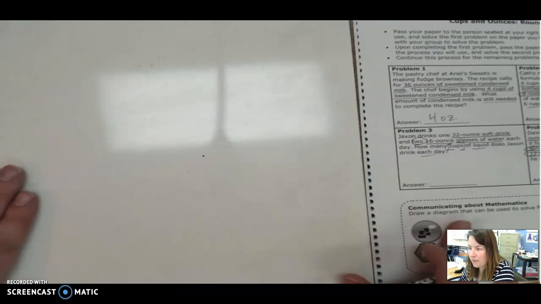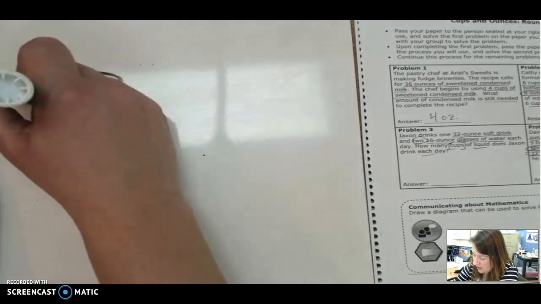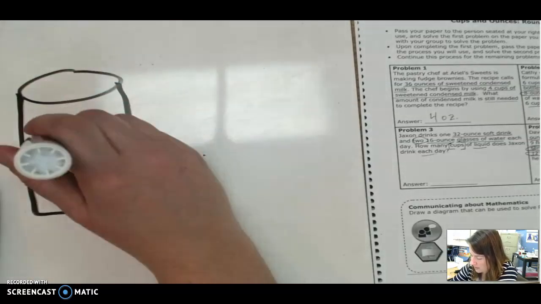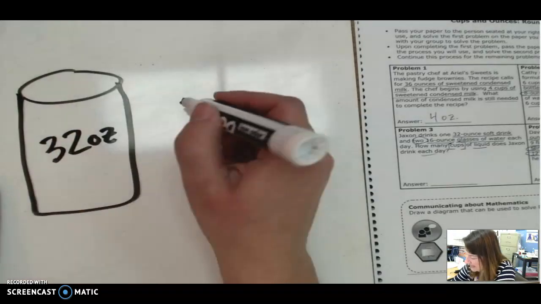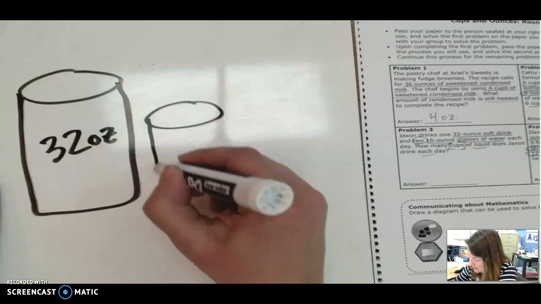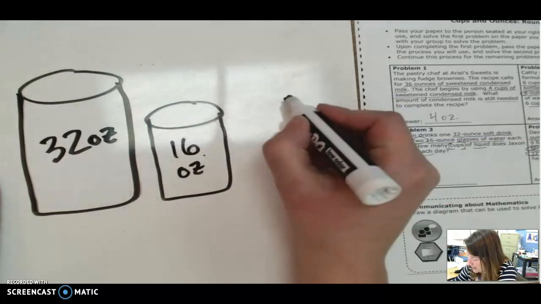So it says 32 ounces of soft drink. So I'm going to draw a cup here. This is 32 ounces. And then it says 2 16-ounce glasses.